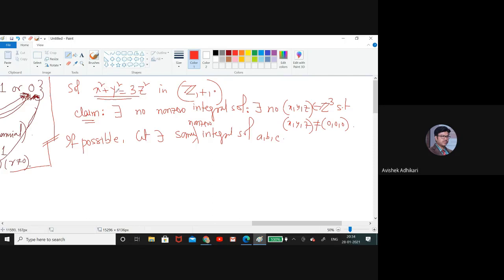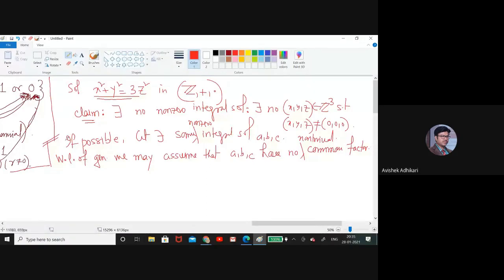So ultimately, we may assume that A, B, C have no non-trivial common factor. One is always a common factor, but no non-trivial common factor.